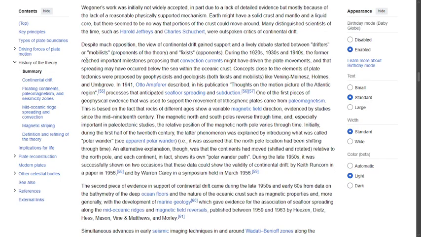The drifters reached an important milestone, proposing that convection currents might have driven plate movements, spreading below the sea of the ocean crust. Concepts close to the element plates. Geophysicists and geologists like these guys.